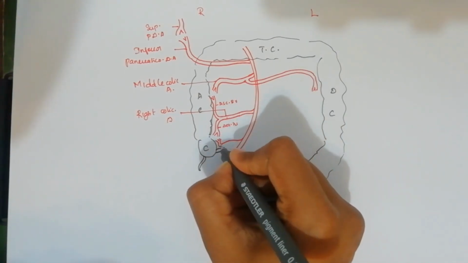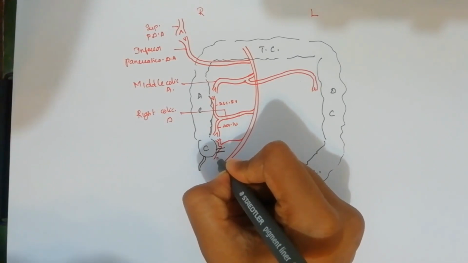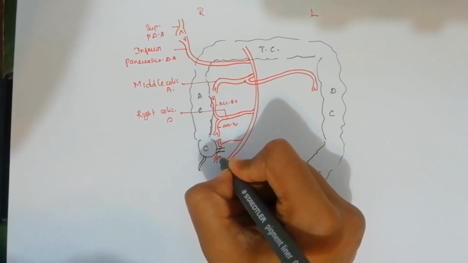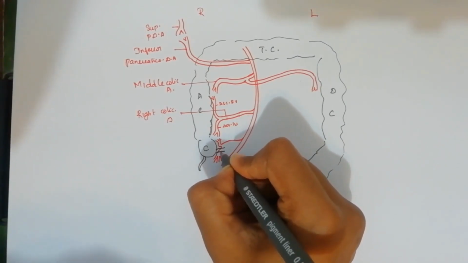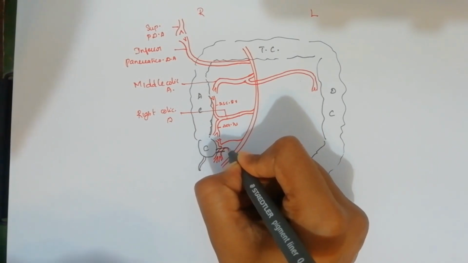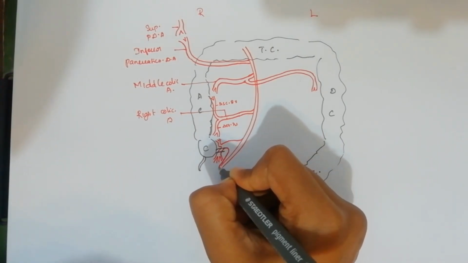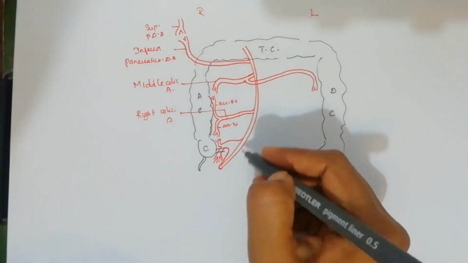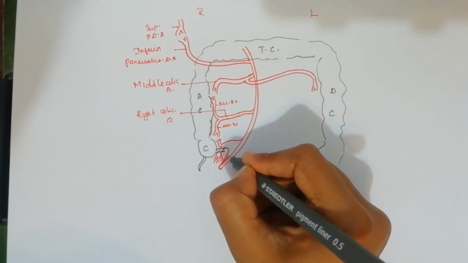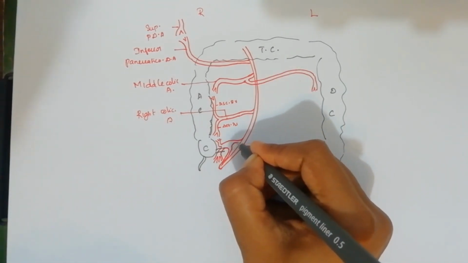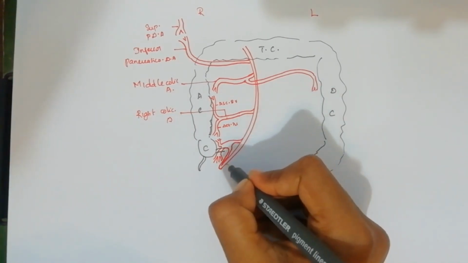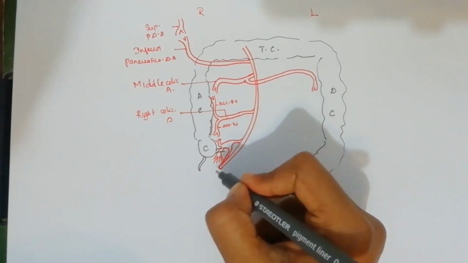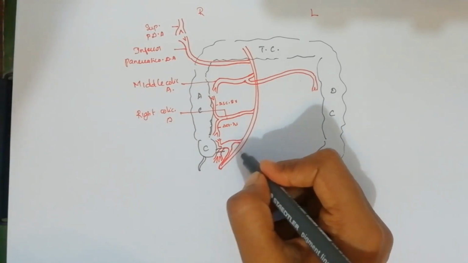It again divides into ascending and descending branches, where the descending branch has some 3 more branches. At last it ends by joining with the superior mesenteric artery trunk, anastomosing with it.